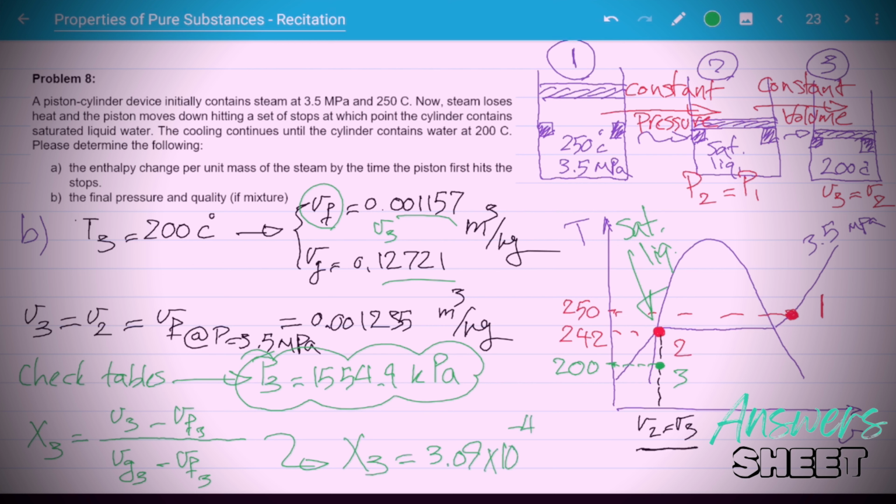So nearly all of the water is in liquid form. Only 0.03% of our system is in vapor form. All of it is in liquid. And to finish this problem, this green line is the entire process that our system went through.